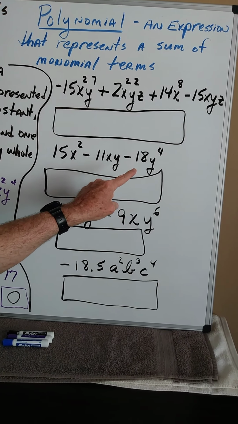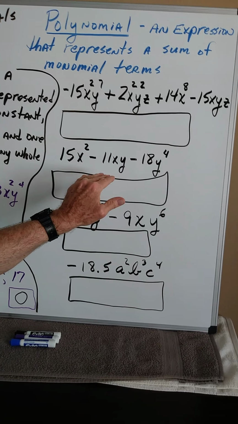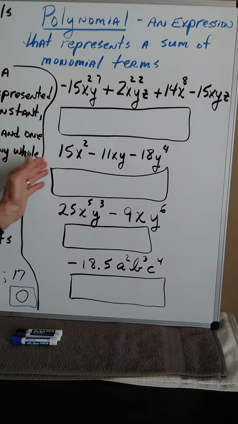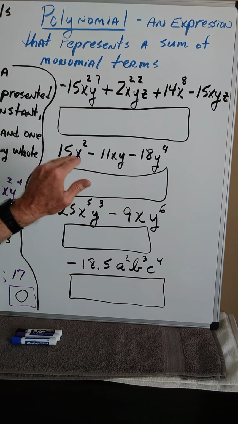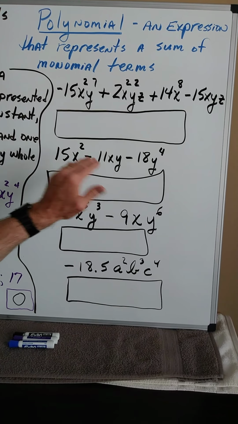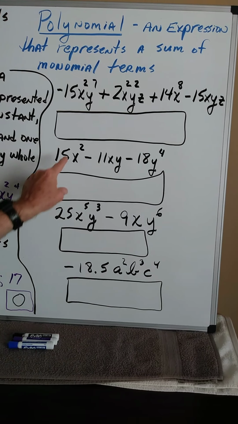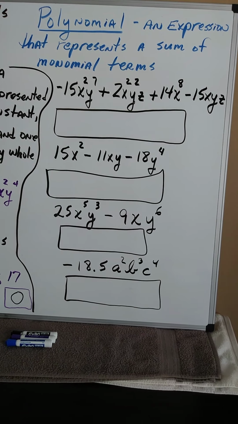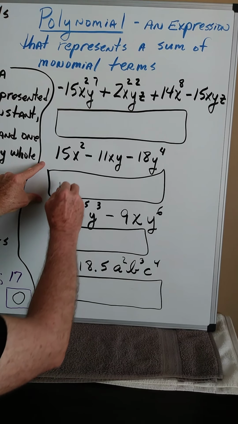Every polynomial that has exactly 3 terms. Not more than 3, not less than 3, but exactly 3 monomial terms. Number 1, number 2, number 3. It's called a trinomial.